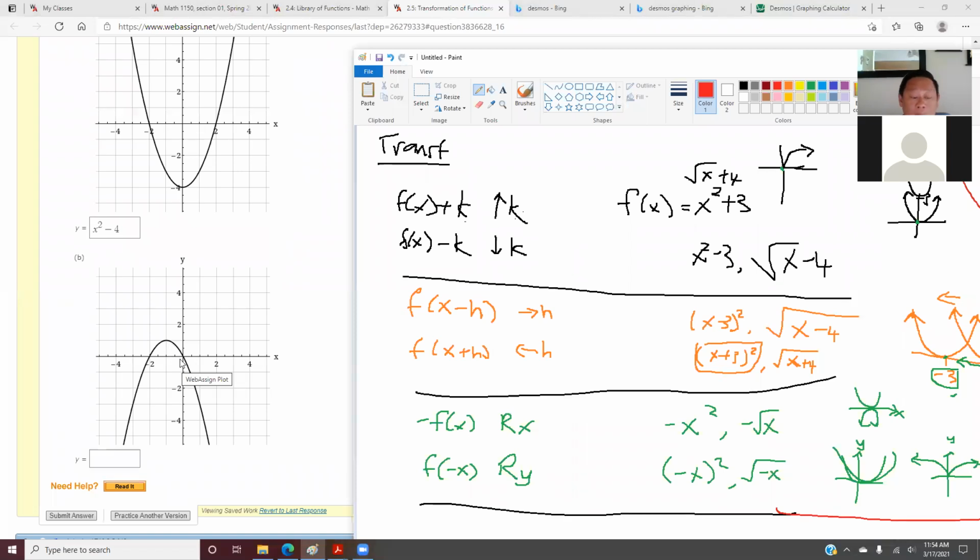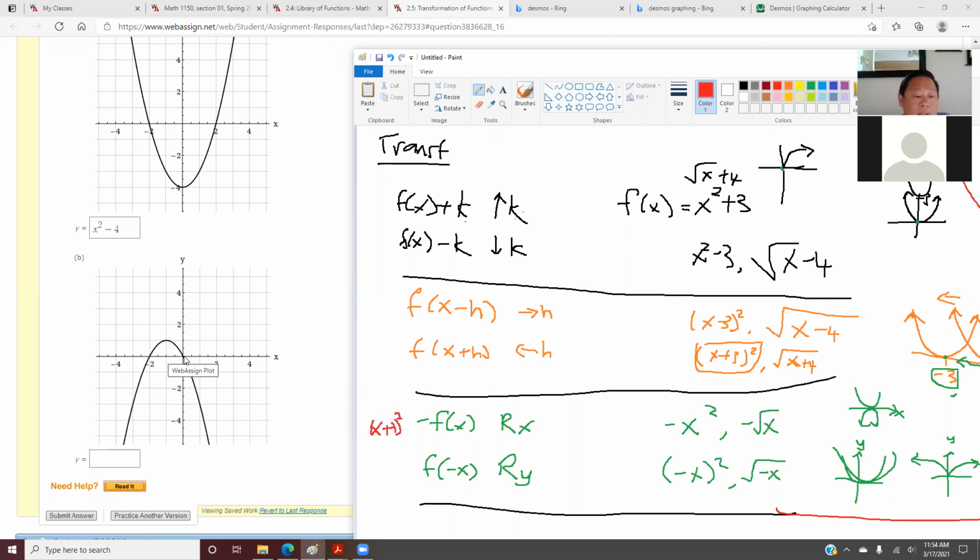Yep. So on my graph, I don't know your graph, it moves left 1 and up 1. So left 1, how do you say left 1? Is that minus or plus? Plus. Okay, so good. So this is x plus 1 squared.